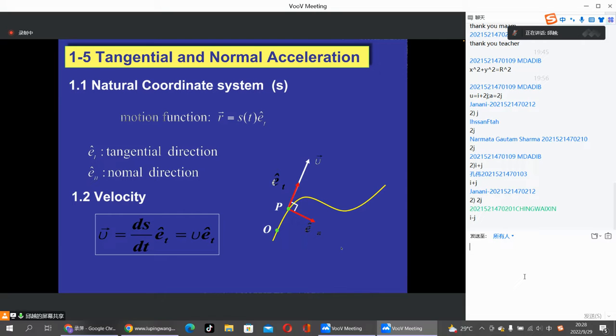And the velocity for the movement in natural coordinate system can be expressed with this function. V equals ds/dt e.